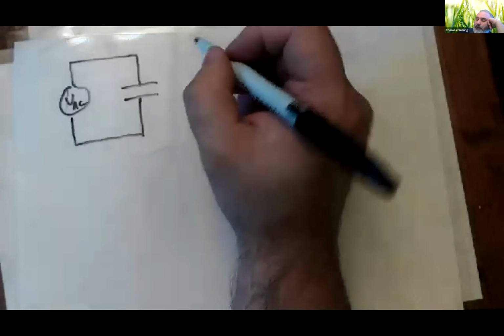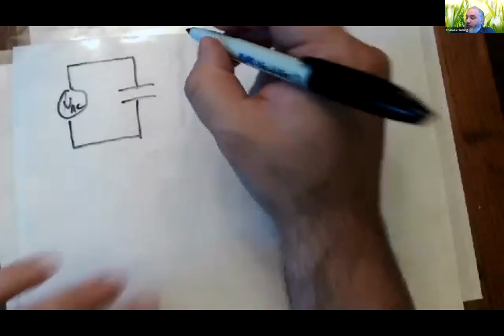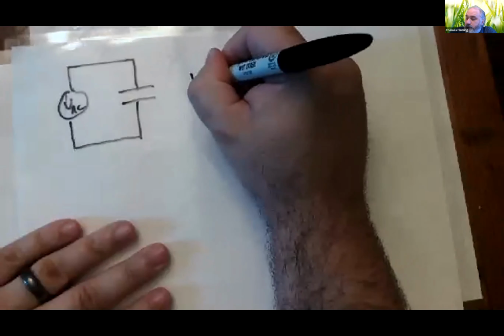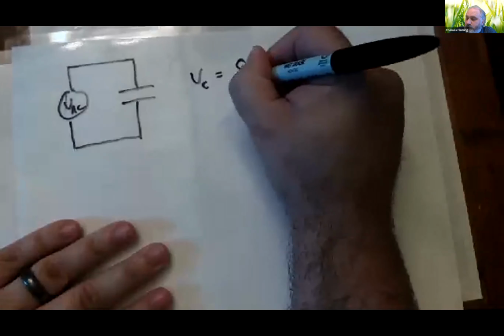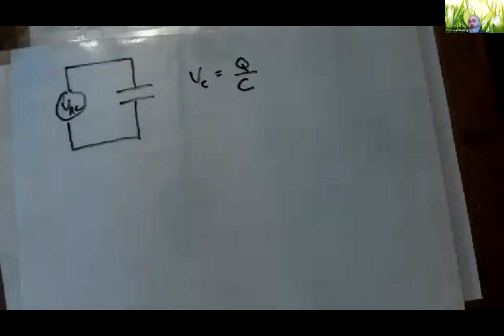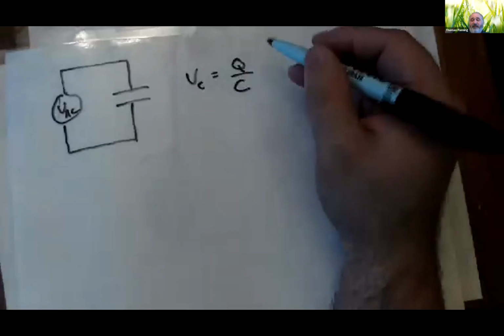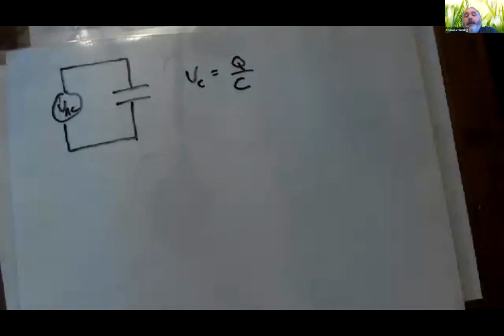And what's going to happen there is, if you recall, the voltage drop across a capacitor is equal to Q over C. This is just the definition of capacitance rearranged a little bit. We saw that back when we did RC circuits in a previous chapter.